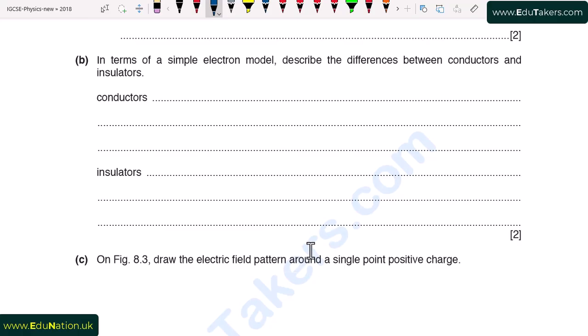I write here, conductors have a large number of free conduction electrons, while insulators don't have free electrons. In insulators, electrons are held in place.